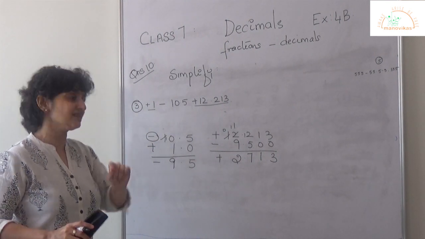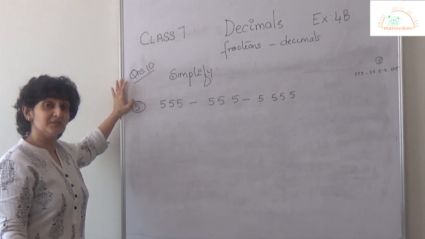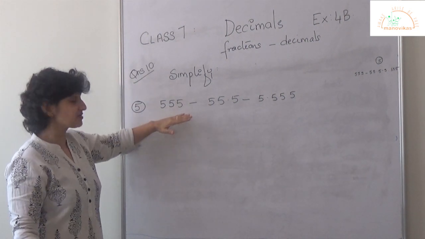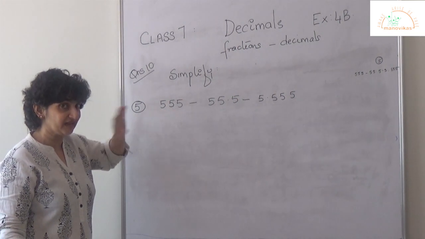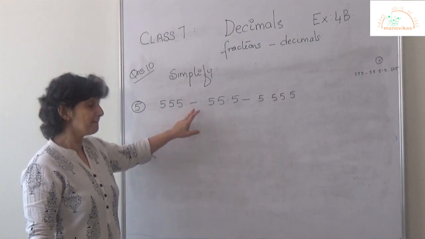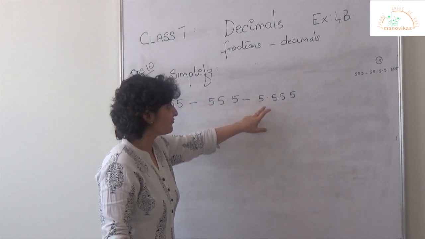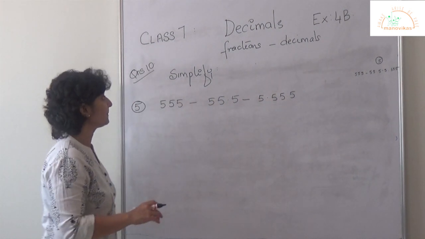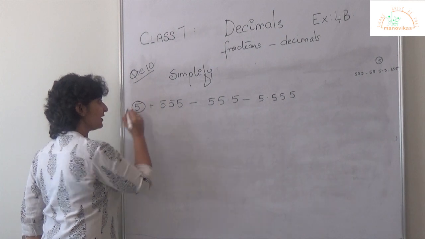Let's work out another sum, the last sum, question 10, the fifth sum. Now let's read this simplified: 555, no decimal point, minus 55.5 minus 5.555. Now you know this is a bigger number. If you want, you can always put a plus.